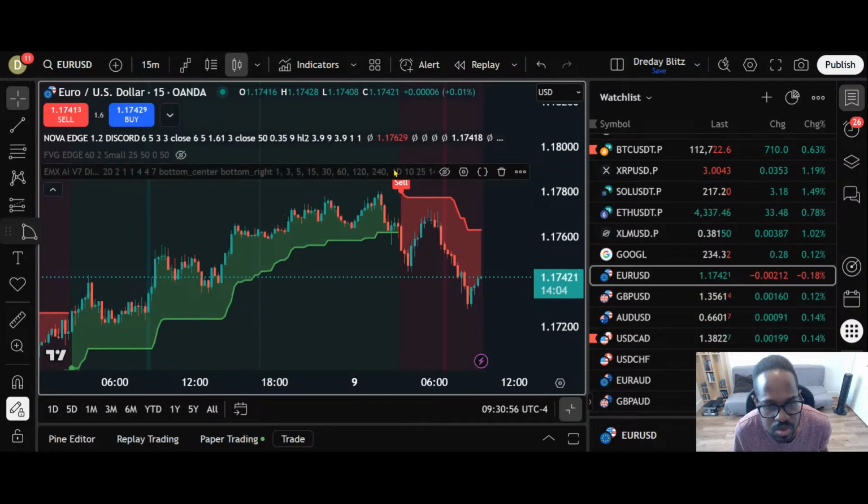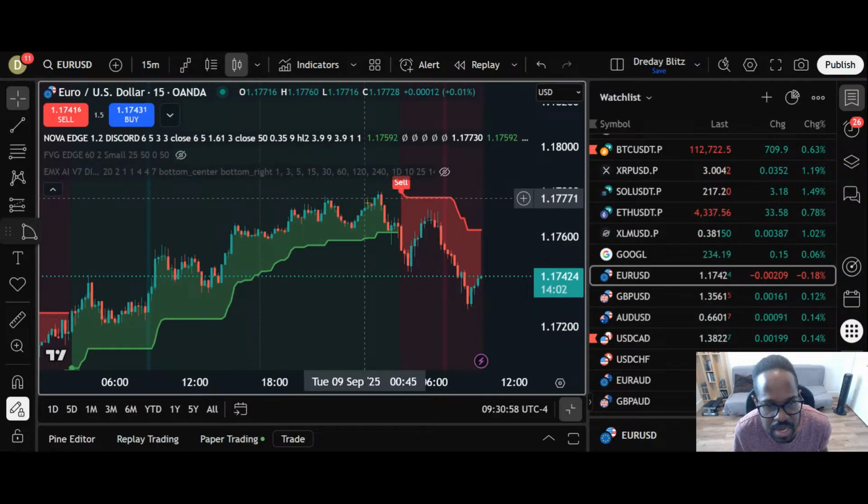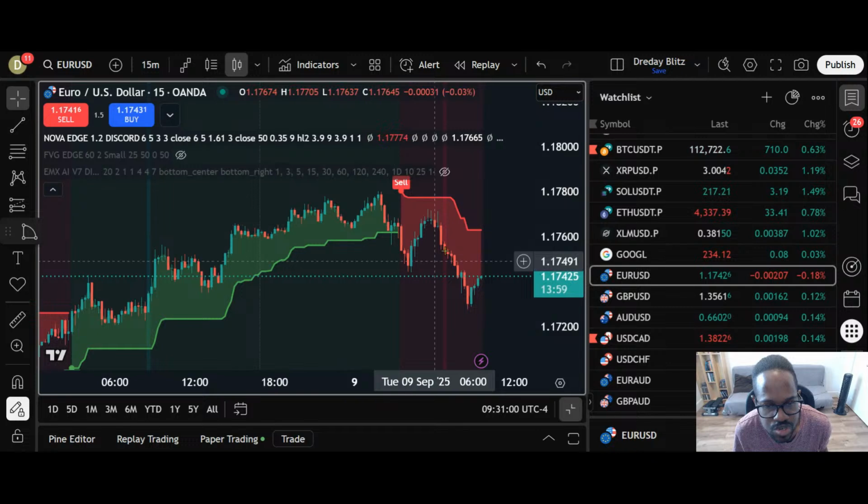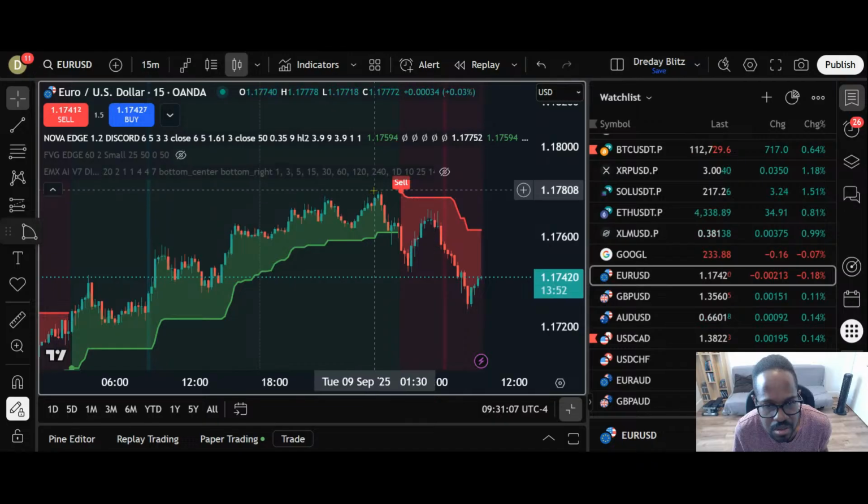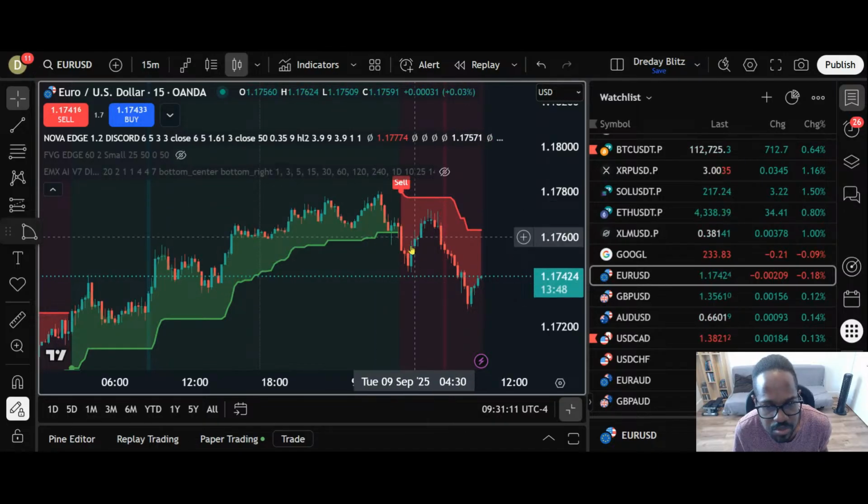So when you get that, you just have to look at your price action to see exactly if you have a possible retracement off of a fib or off of a support and resistance. You need to have extra confluence, not only that indicator. The indicator will only provide you with a trend, but for the entry, you need to know when to get in.